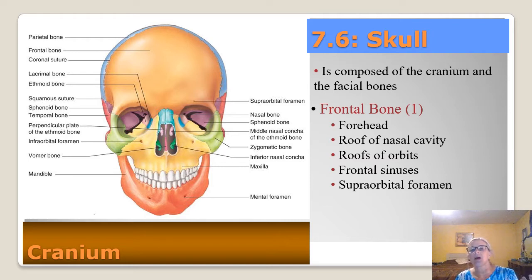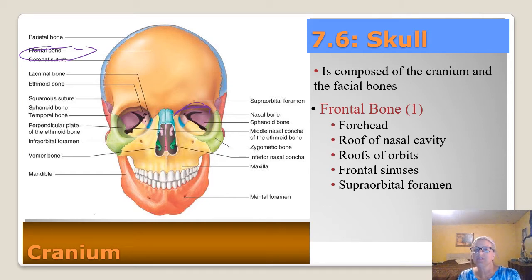So this is made of the cranium and the facial bones. And then we have the frontal bone. This is this orange portion here that forms the forehead, the roof of the nasal cavity, the roof of the orbits here.